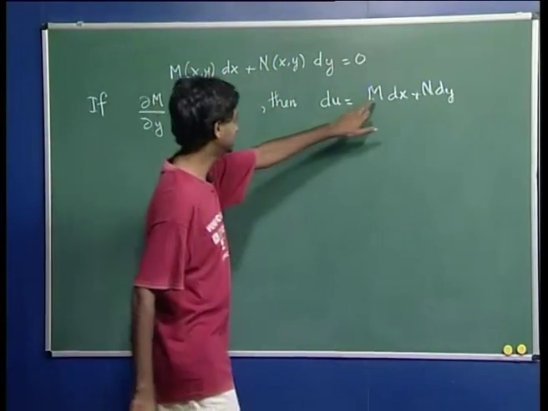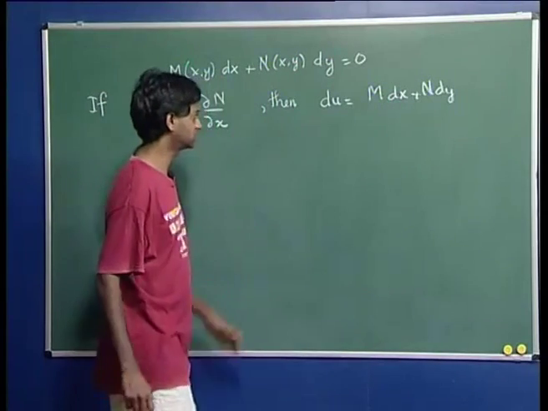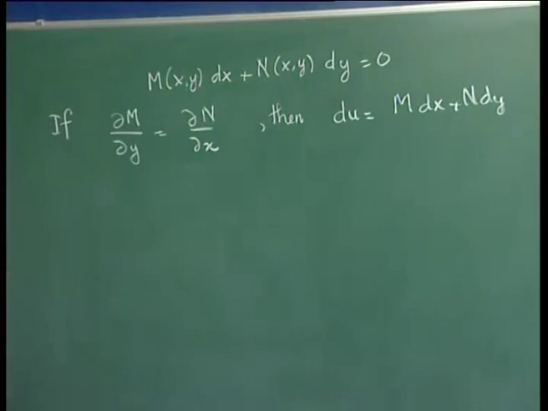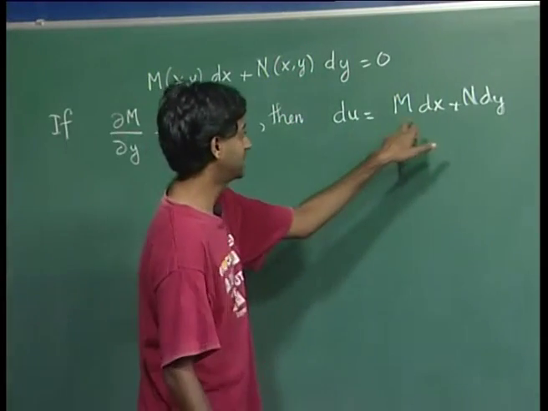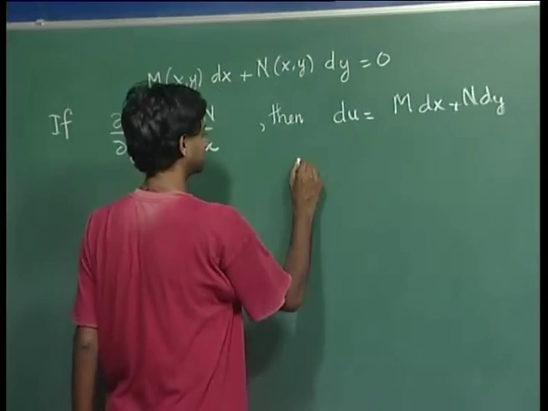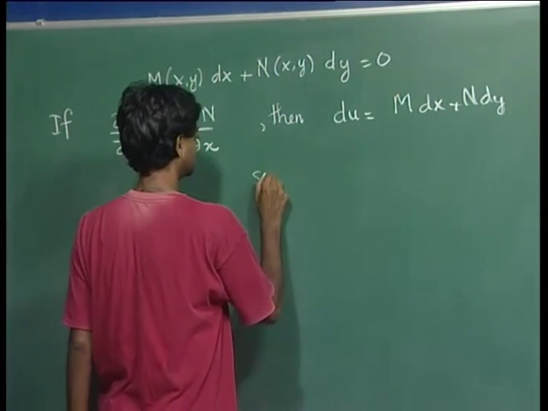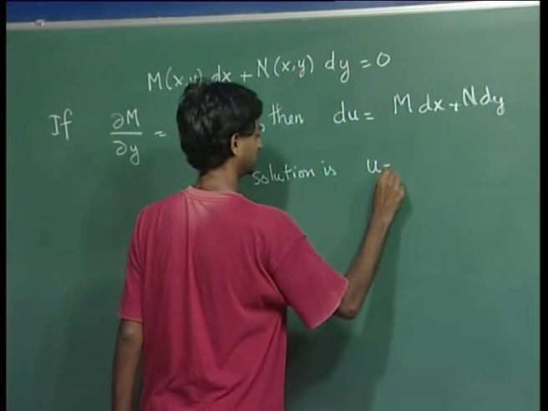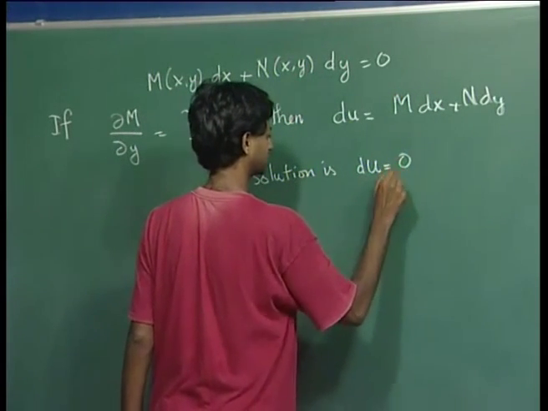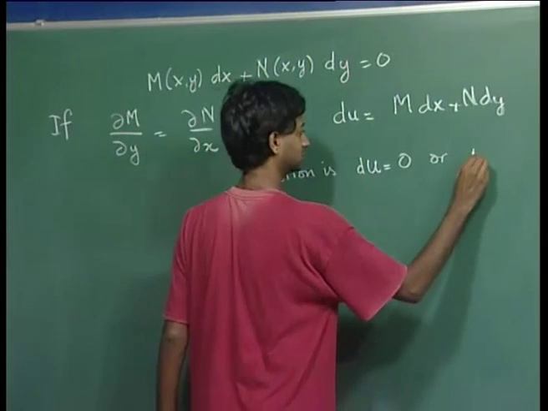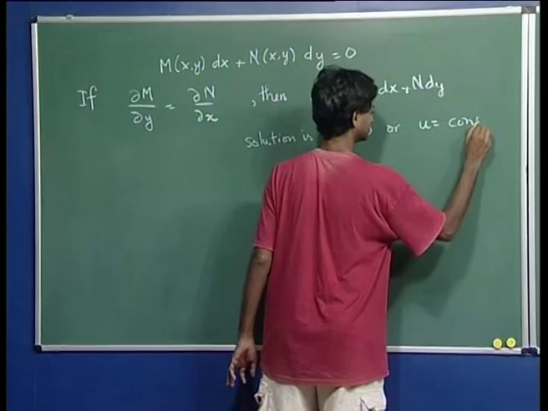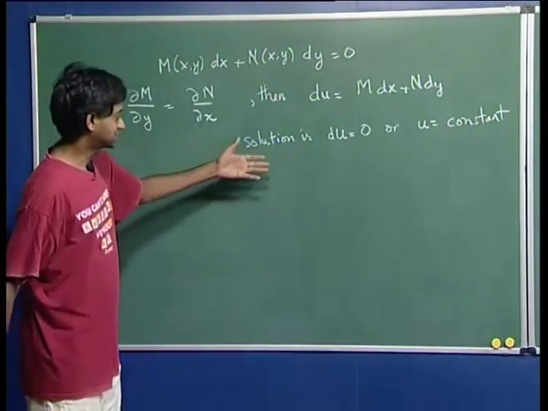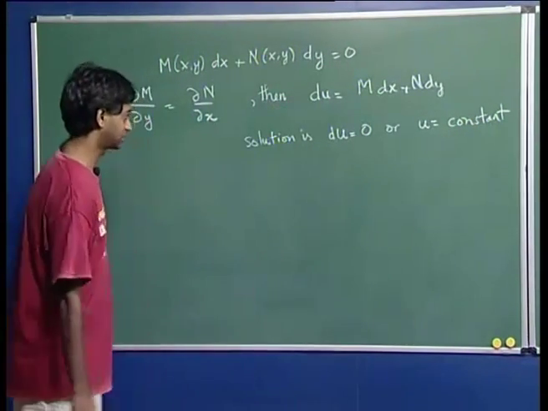I've omitted the dependence on x and y, so it's understood that M is a function of x and y, and so is N. Then du is an exact differential, and the solution can be written as du equal to 0, or u equal to constant. And we saw in the last class how you can solve for u.